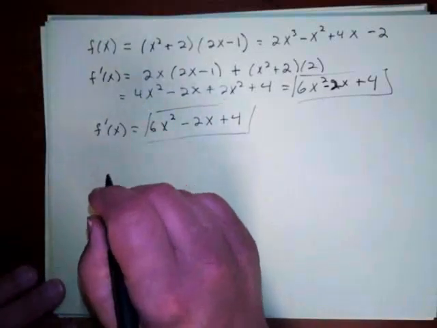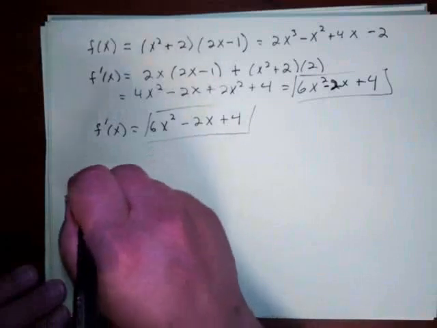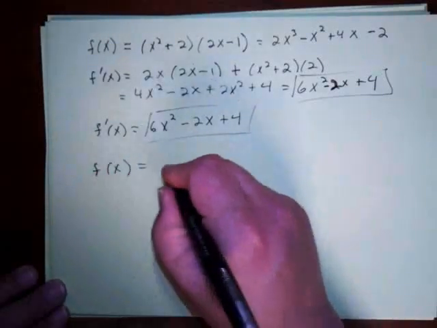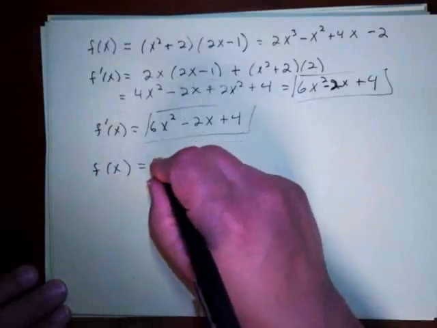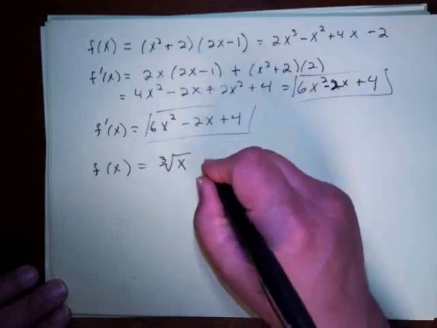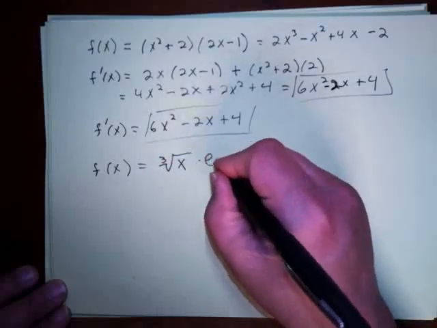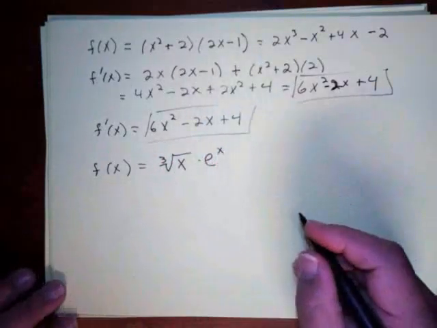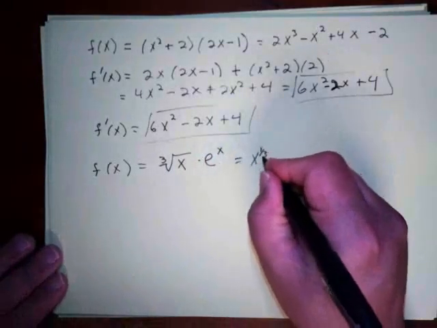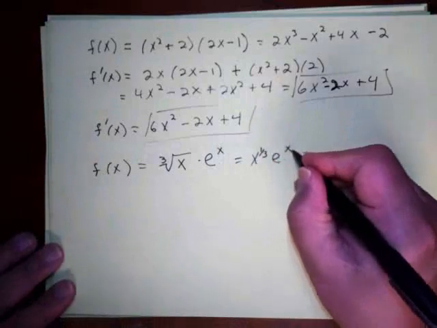So let's try another example. Let's do f of x is equal to, let's say, the cubed root of x times e to the x. Well, this would be x to the 1/3 times e to the x.